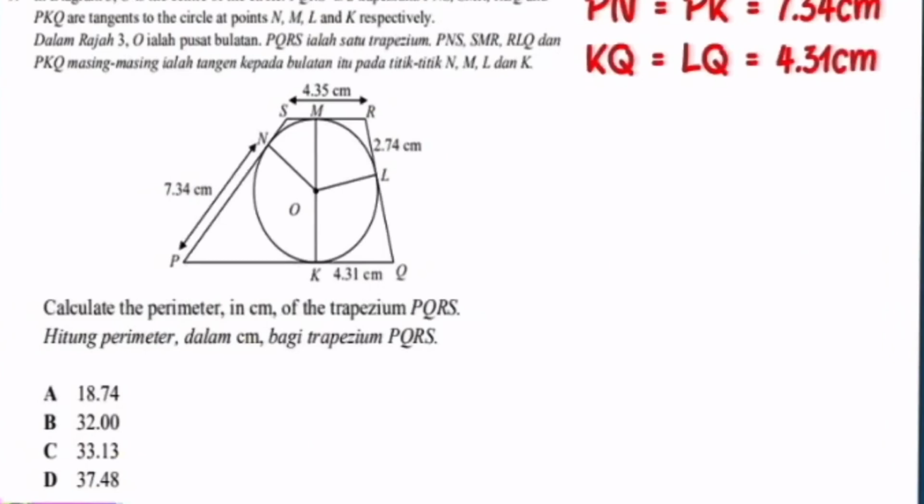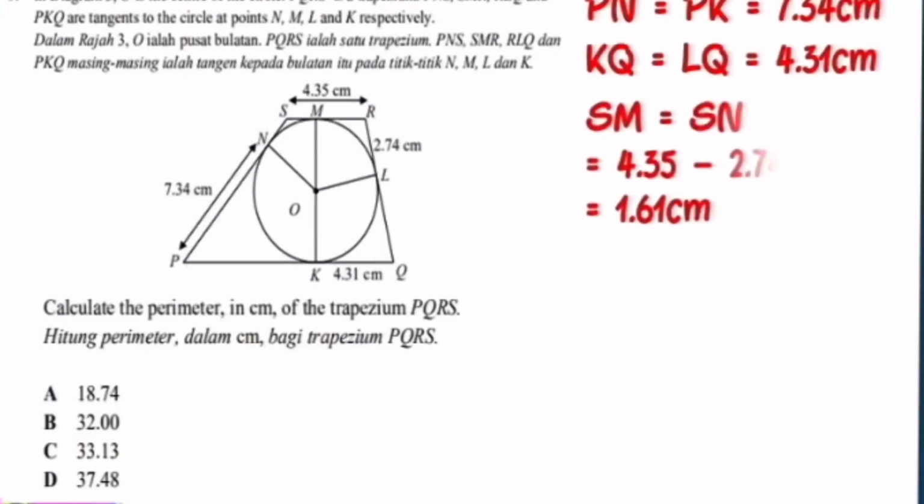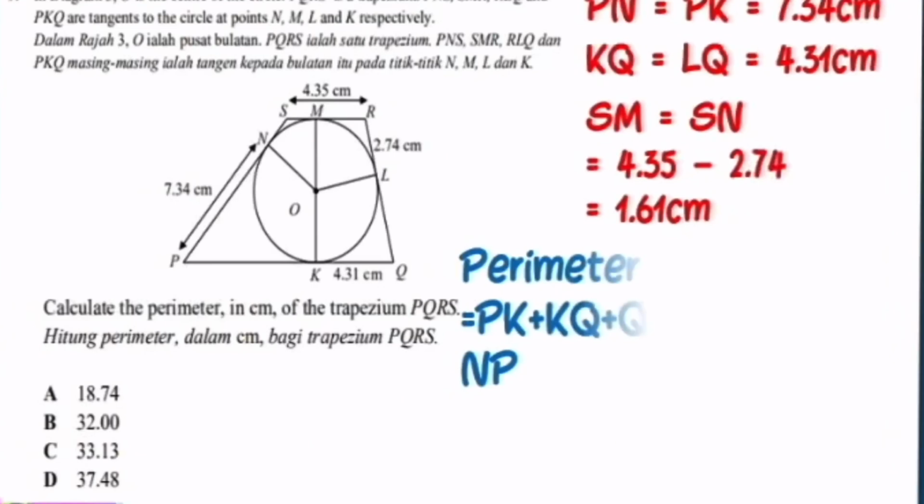Okay, so now we need to study the diagram carefully. Now you need to label down the lengths. SM is equal to SN, right? This is the property of the tangent. SM and SN are equal. So that means you have to take 4.35 minus 2.74.